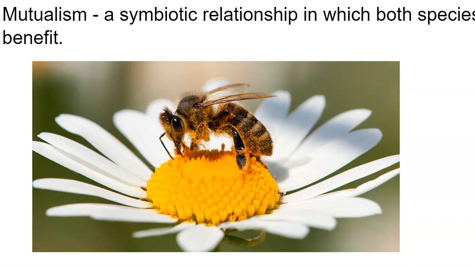The bee gets nectar from which it can make honey, and the flower gets a way of pollinating, a way of spreading its genes to other flowers. So those flowers produce seeds, and its genes go into the next generation.